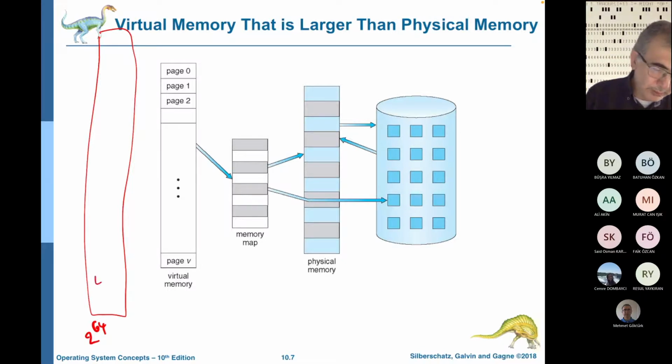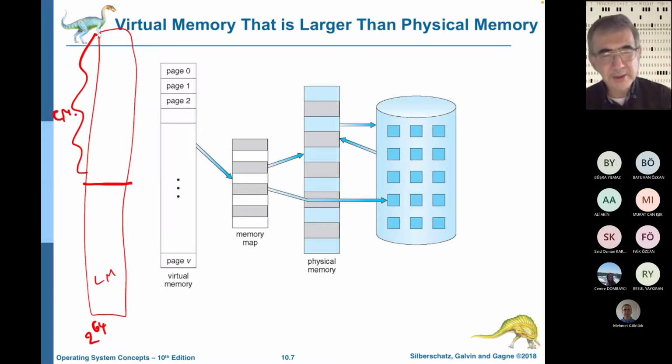So you have logical memory, but the application space only uses part of the logical memory. So it is practical logical memory for the architecture.